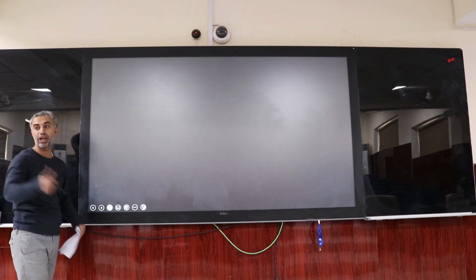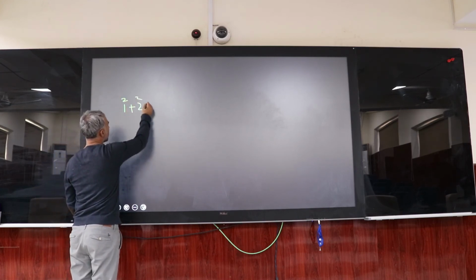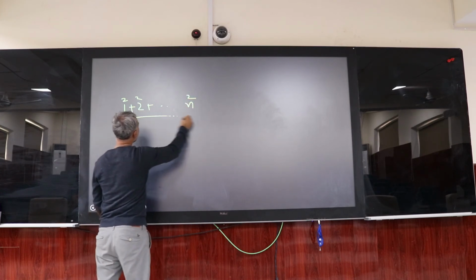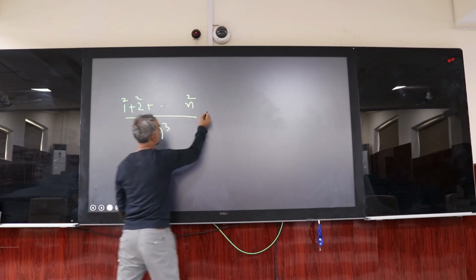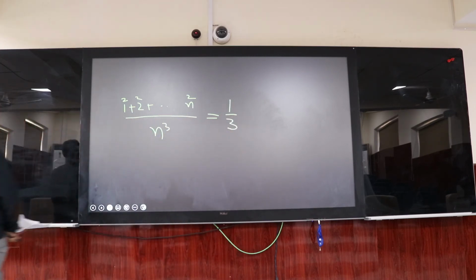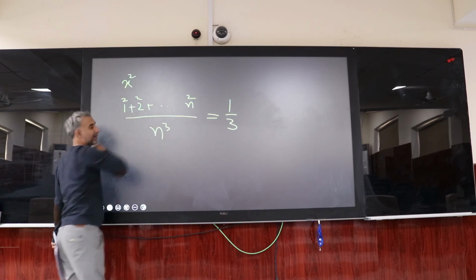Yes, exact volume. Thank you so much for correcting. So 1 square plus 2 square plus ... plus n square over n cube is equivalent to 1/3. What we did, because it was given to us, there was the x square.